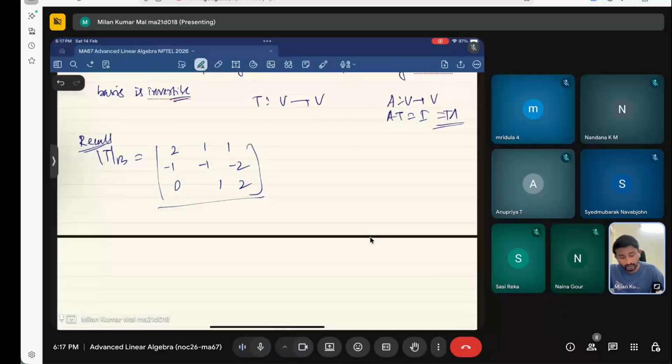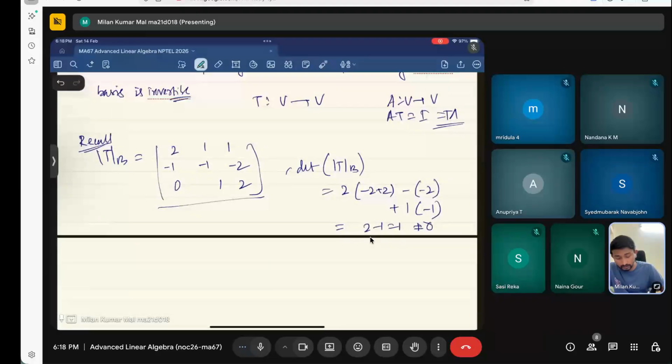So the determinant of this is equal to 2 into minus 2 plus 2, minus 1 into minus 1 minus 2, and plus 1 into minus 1. So this will be 2 minus 1, which is 1, not equal to 0.